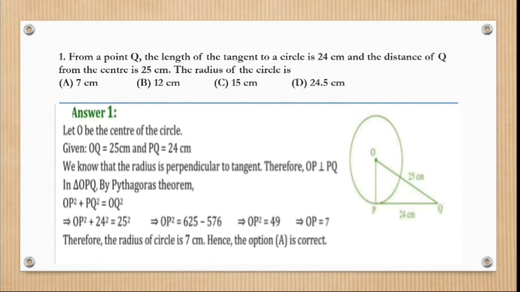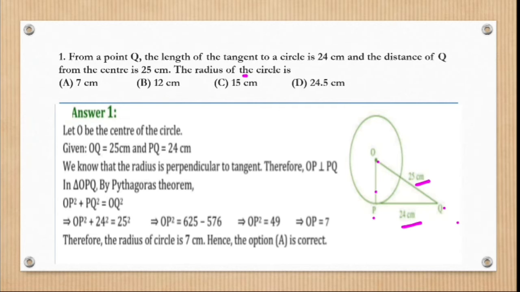If you look at the diagram, from the condition given in the question, you can say that OQ, that is the distance of Q point from the center, is 25 centimeter, and PQ, the length of tangent, is 24 centimeter. You have to find the radius of the circle.